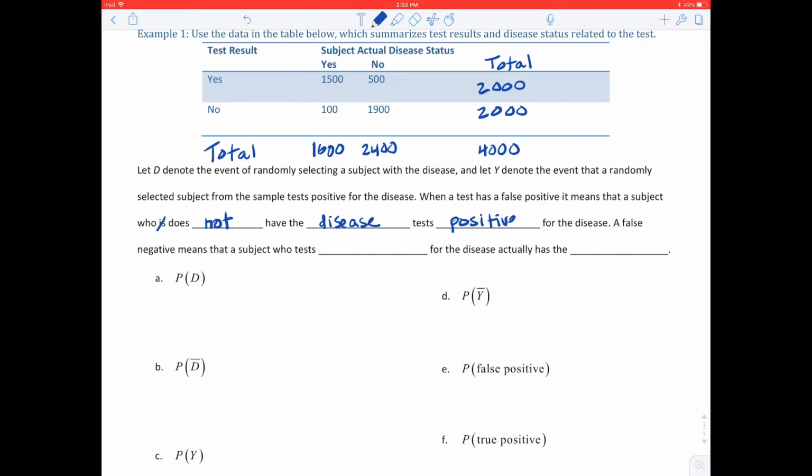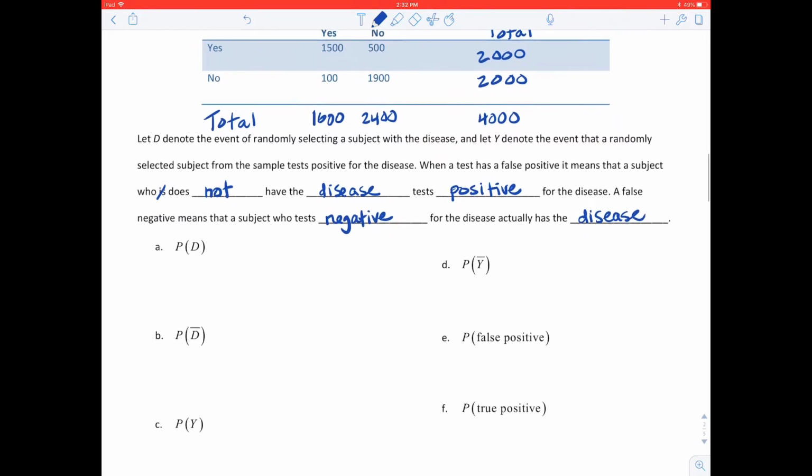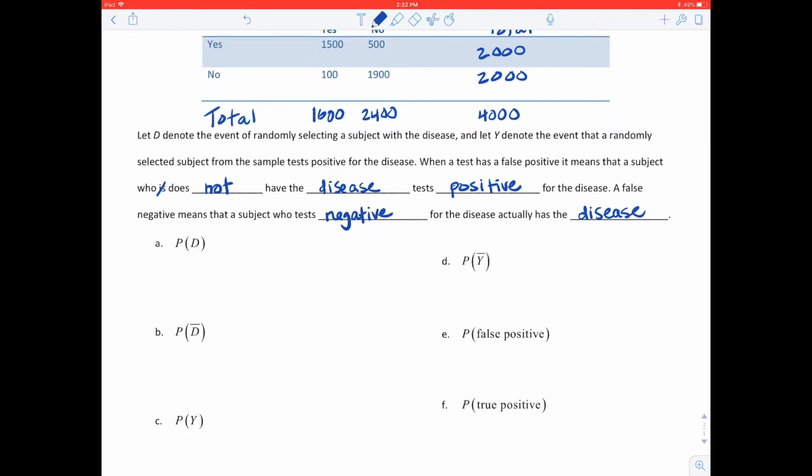So that is scary, but it's probably worse to have a false negative, because that means that the subject tests negative for the disease, but actually has the disease. All right? I always like to do problems like this so you can understand what a false positive rate means or a false negative rate means.